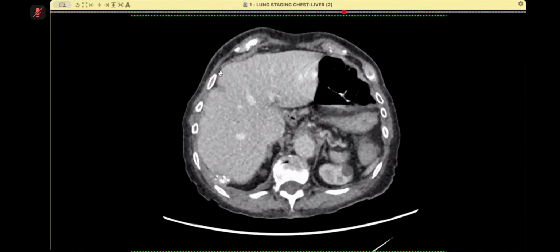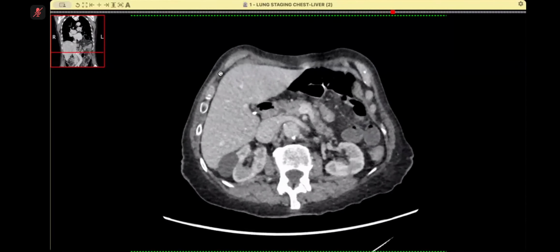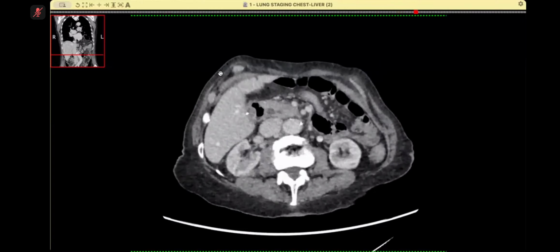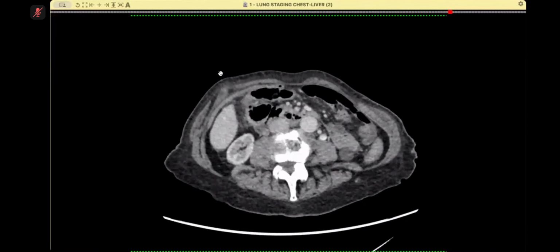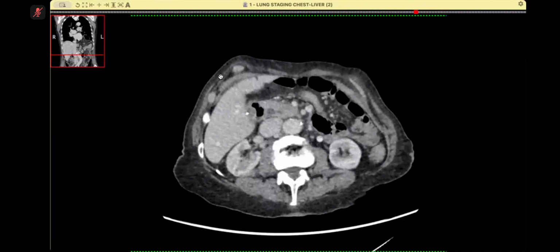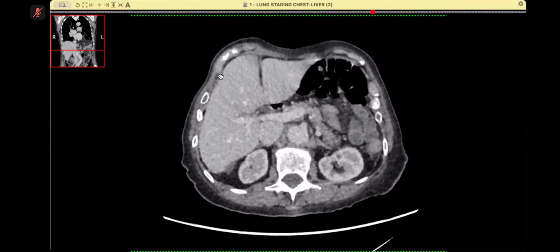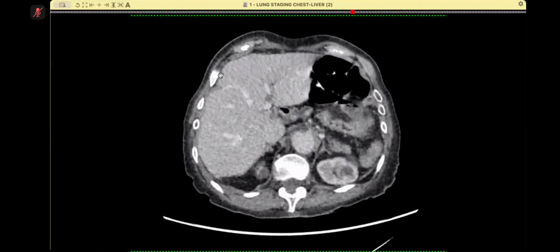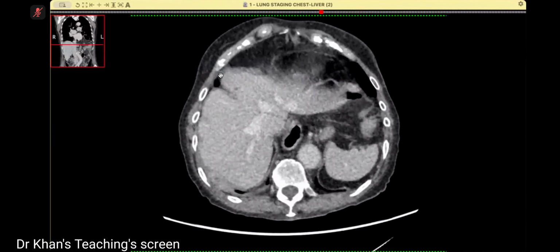I can appreciate that there's a hypodense cyst on the right kidney, and cholecystectomy sutures are noted in place. And as I'm going above, hypodensities are also seen in the left kidney.